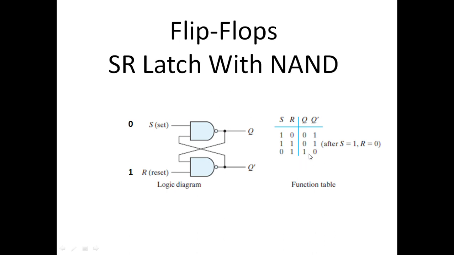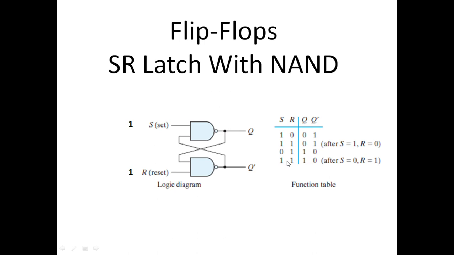And now while the flip-flop is currently set, if we give 1 1 as the input, it will remain set. It will not change the current state of the flip-flop. So after S is equal to 0, R is equal to 1, which is different than this, when 1 1 is provided, we get 1 0 at the output. So again, just like NOR gate implementation, when 1 1 is provided, we get 0 1.